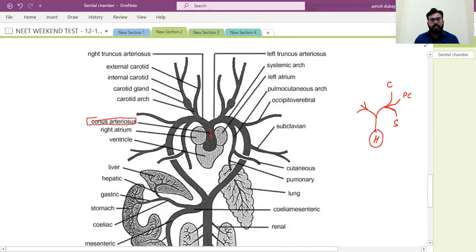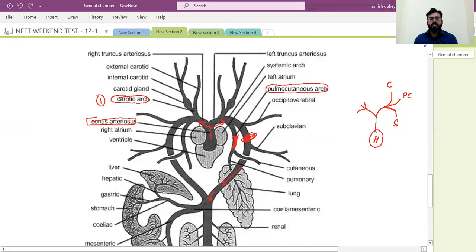Conus arteriosus arising and giving 2 branches, left and right, and now this is the carotid arch, the first arch. Then the second arch is this one. Okay, that is the pulmocutaneous arch, and this thick arch, okay, this one, it is going downward in the body.